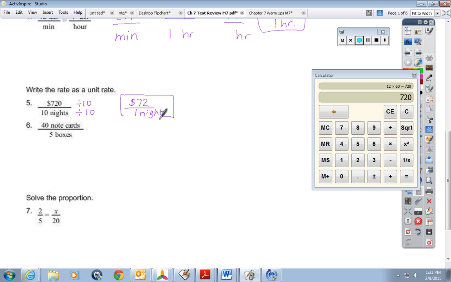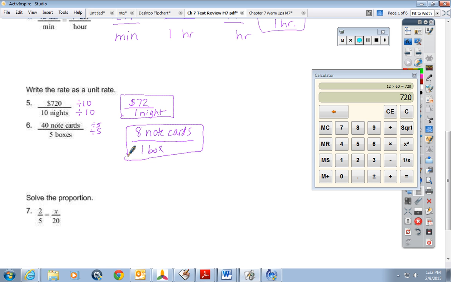Or $72. If you've got 40 total note cards and they're in 5 boxes, that means divide the top and the bottom by 5. And that means there are 8 note cards per box for that one. So 8 would be the correct answer.